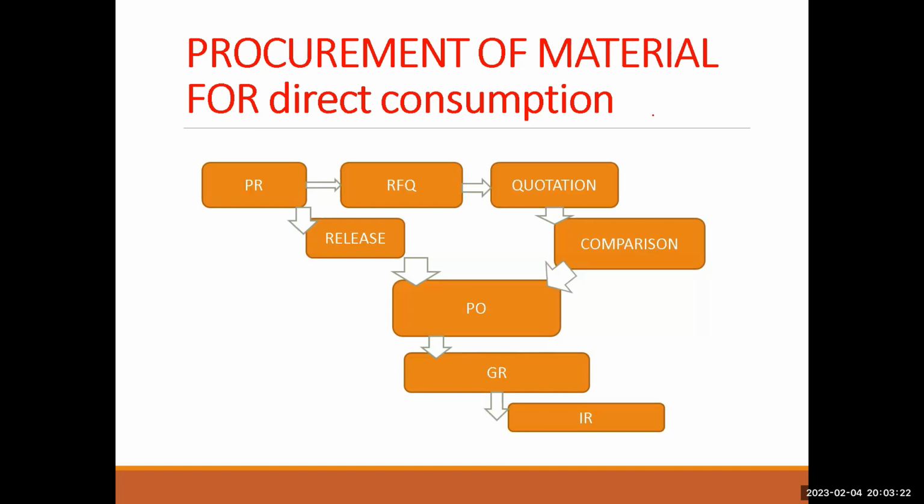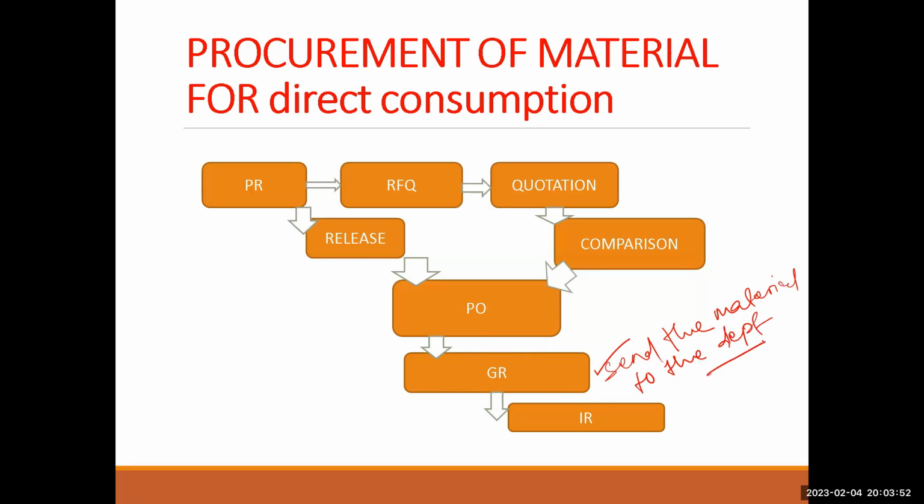Okay, so the direct consumption process, as I mentioned, is similar to the stock procurement process. But at the time of GR, you have to send the material directly to the department.